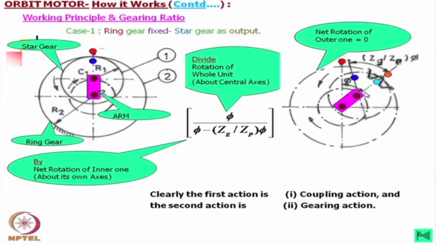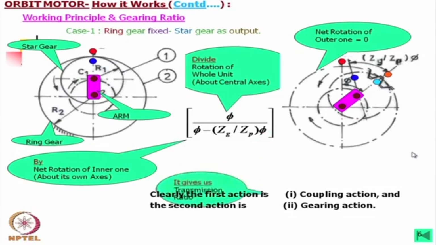This we can consider the input, and this is the net rotation of the inner one about its own axis. First it has rotated in this direction by this angle, and next it rotates by this angle in the opposite direction. The difference of that is the net rotation of this one. So, this is definitely giving the speed ratio.